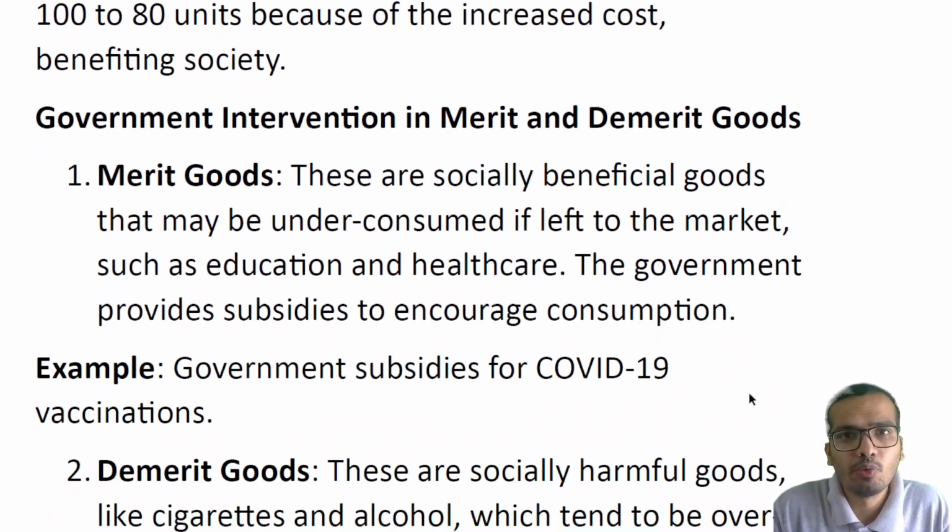Then comes government intervention in merit and demerit goods. Merit goods are socially beneficial goods that may be underconsumed if left to the market, such as education and healthcare. The government provides subsidies to encourage consumption. An example is government subsidies for COVID-19 vaccination.